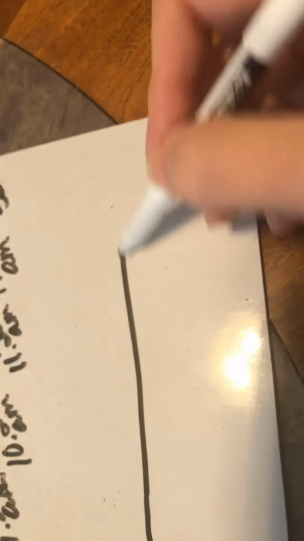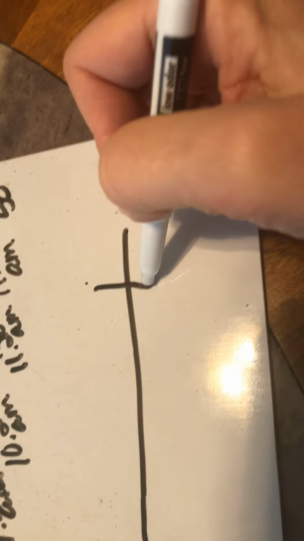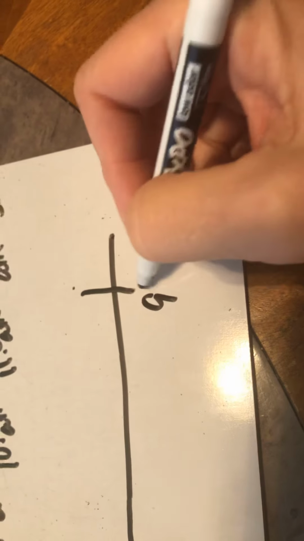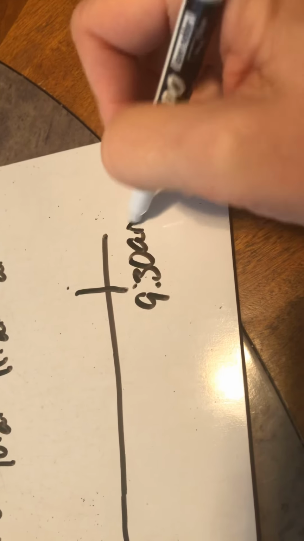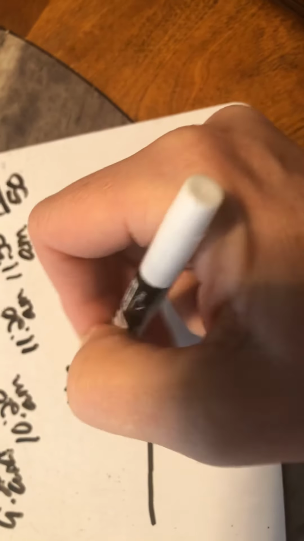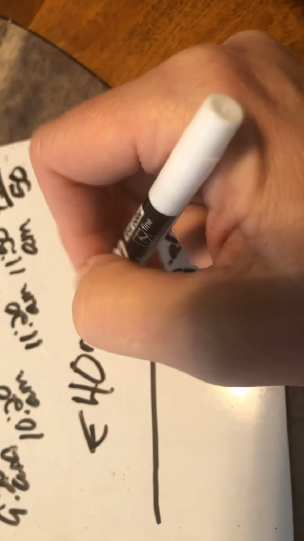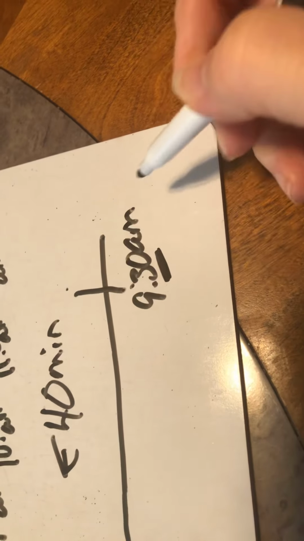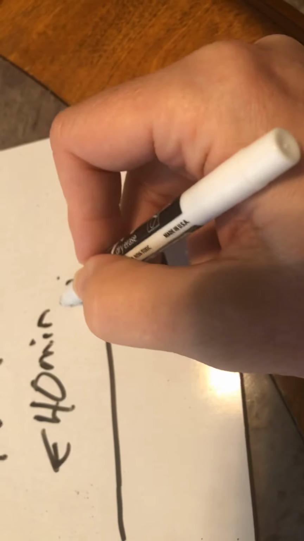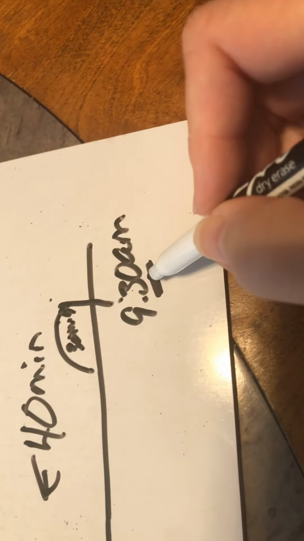Okay, guys, this is one that we're going to go backward, okay? 9:30 a.m. and we have to go back 40 minutes. Well, here's 9:30. If we go back 30 minutes, what would be 30 minutes before 9:30 a.m.? Well, that would be 9 a.m., okay?